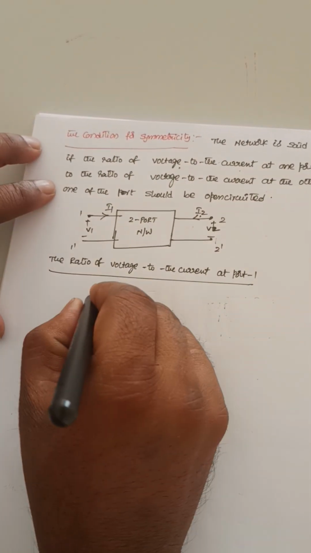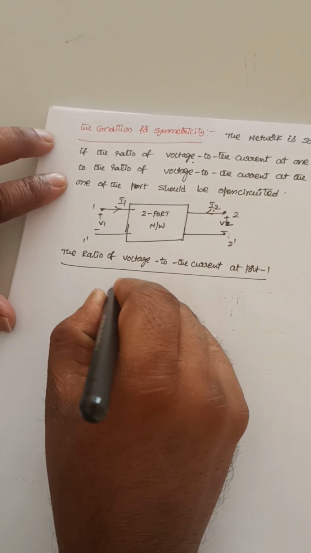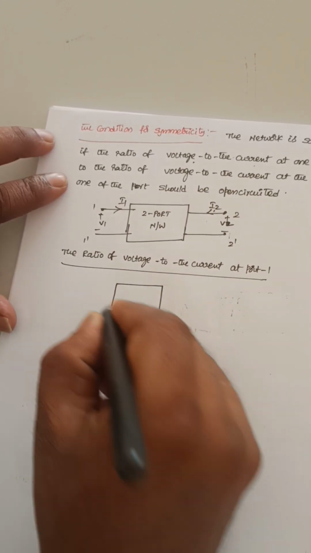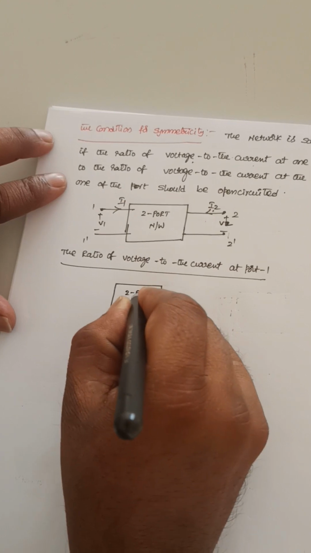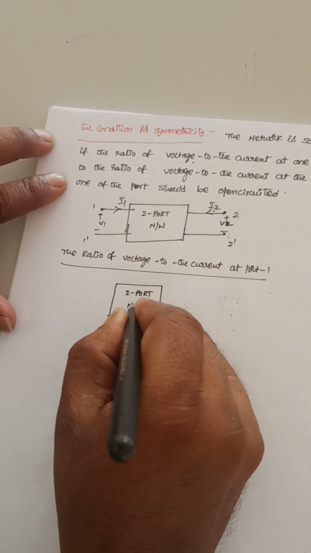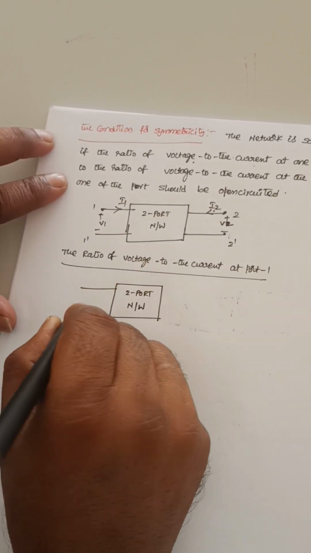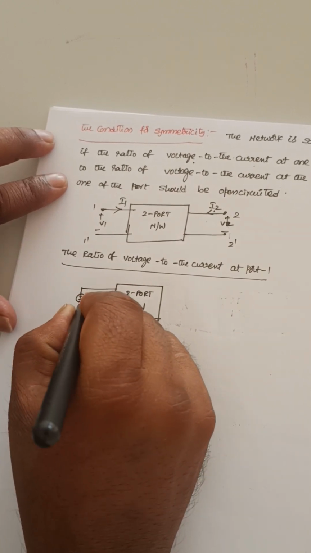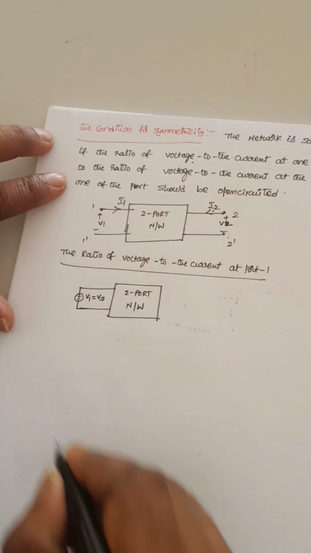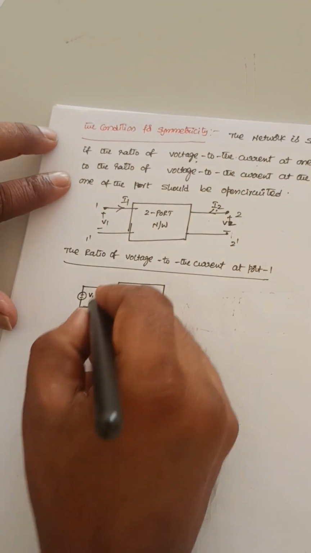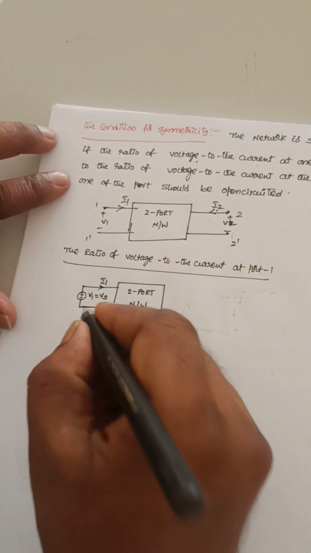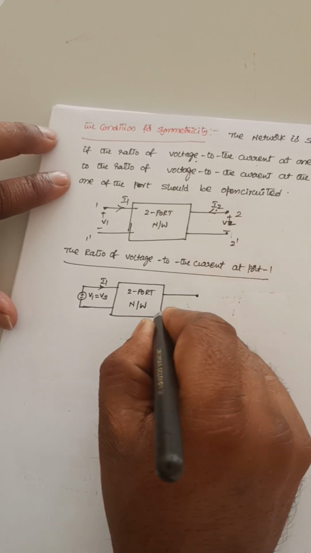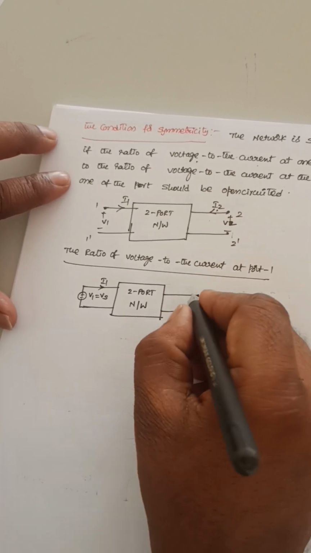It is a two-port network, with V1 equal to Vs, and this is the current I1. The other port should be open circuited.